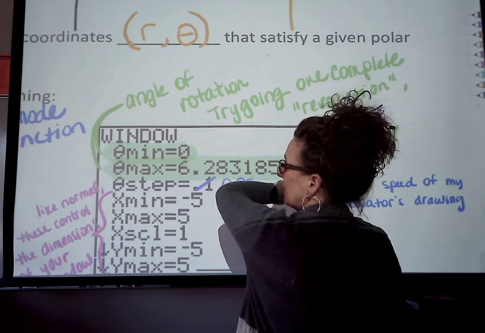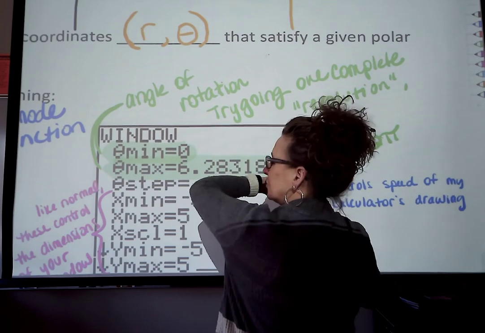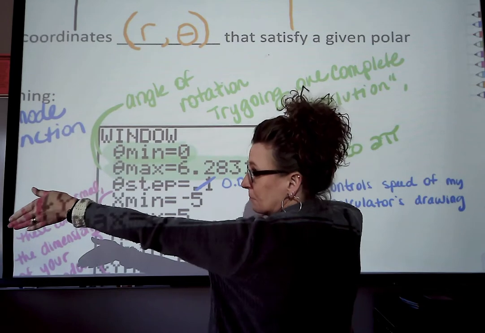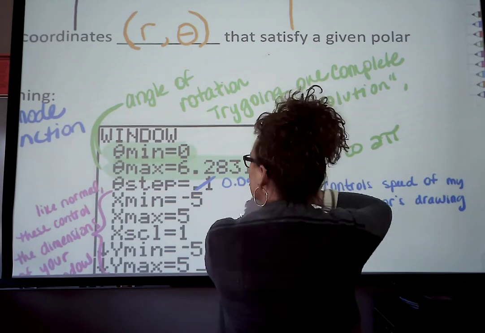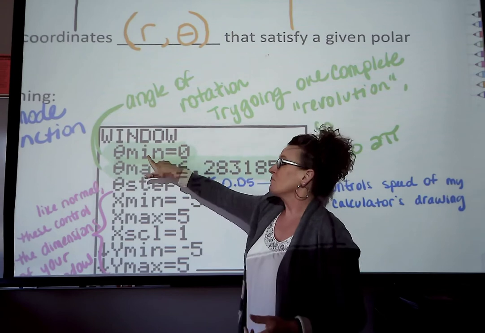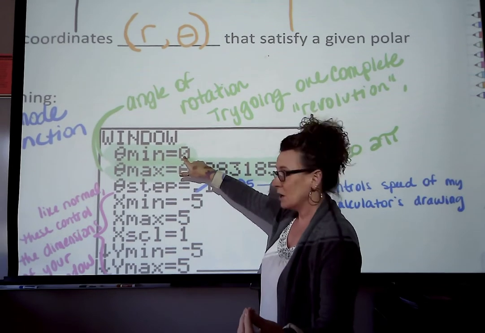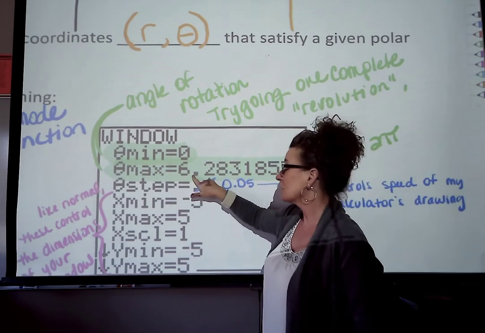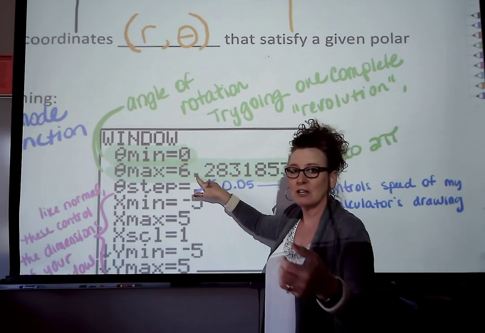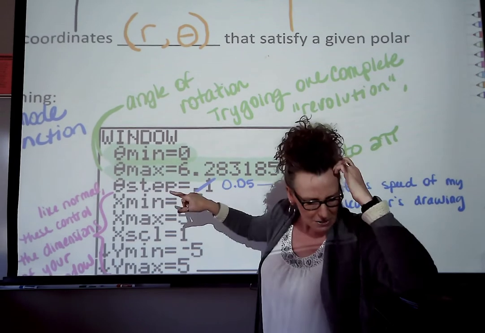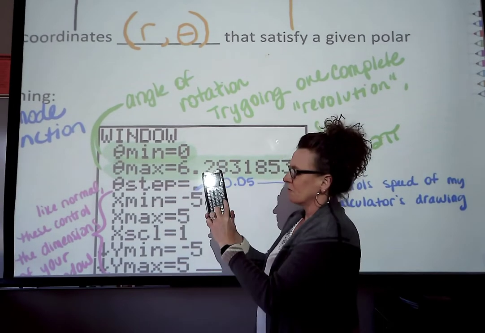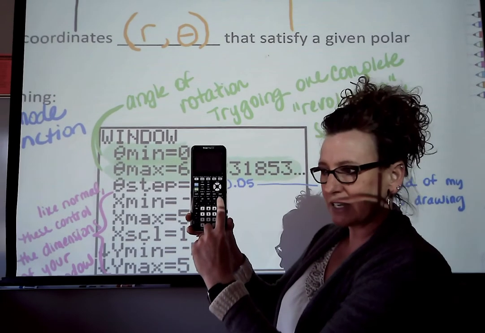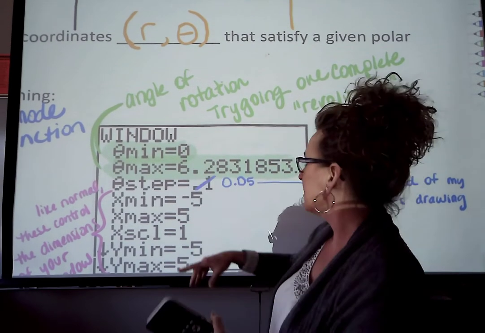We're going to start our angle at 0 and we're going to rotate it all the way around, all the way through 1 pi, all the way back around to 2 pi. So we want to start our angle at 0, we want our maximum angle to be 2 pi. So literally, I want you to type in 2 and then use the pi button. The pi button is over here above your exponent button. You have to use second to get up there. So type in 2 pi right there.